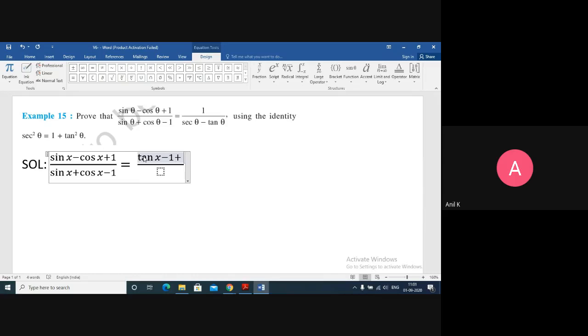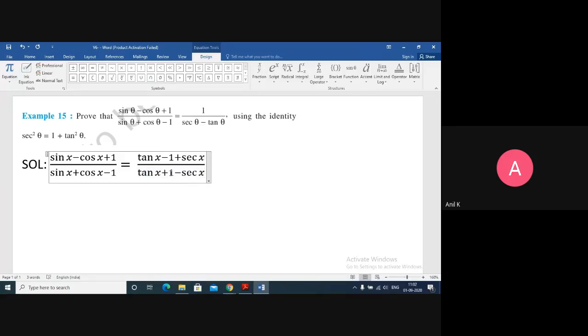What do you get for 1 upon cos? Sec x. Okay. Now in the denominator also I divide each and every term with cos. Again sin upon cos will remain tan x, plus cos upon cos is 1, minus 1 upon cos, again it will come as sec x.